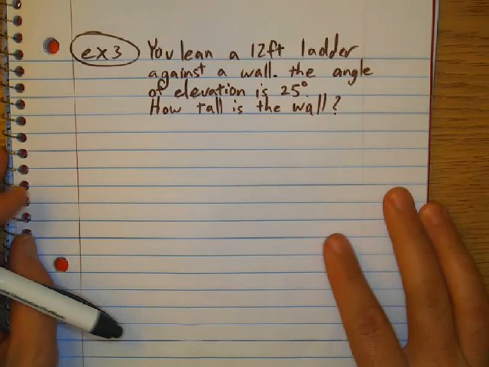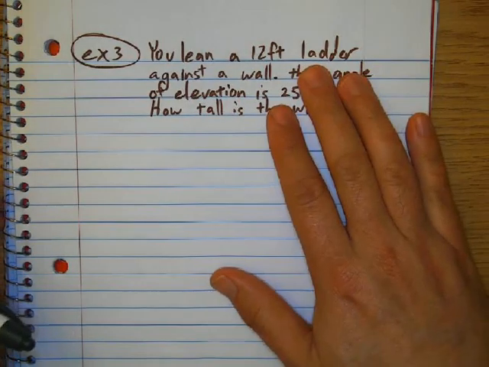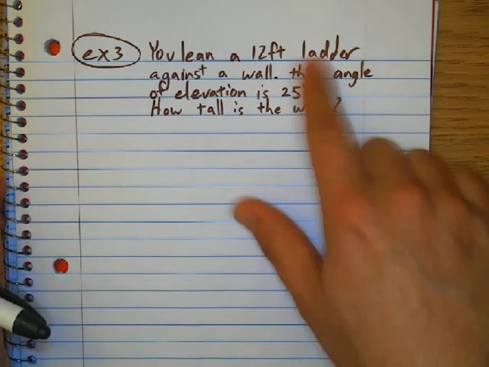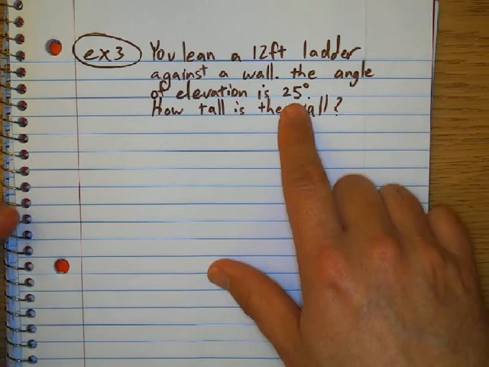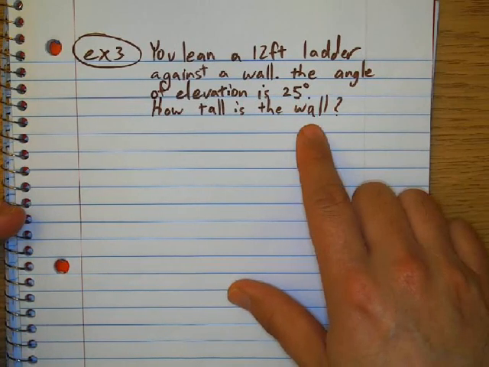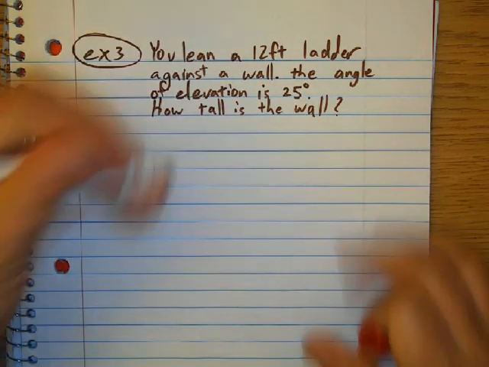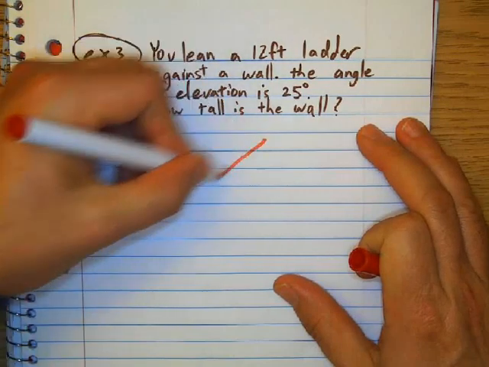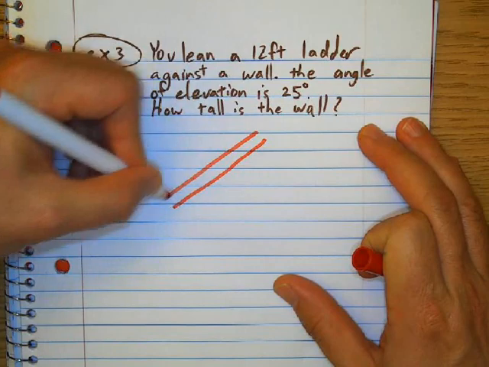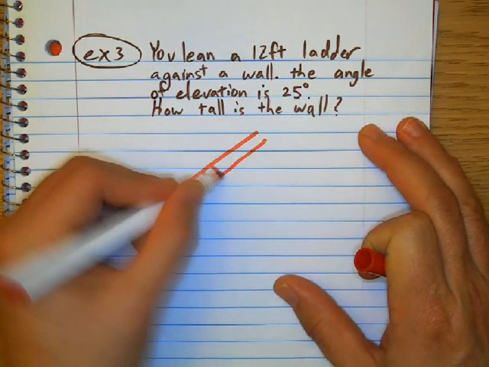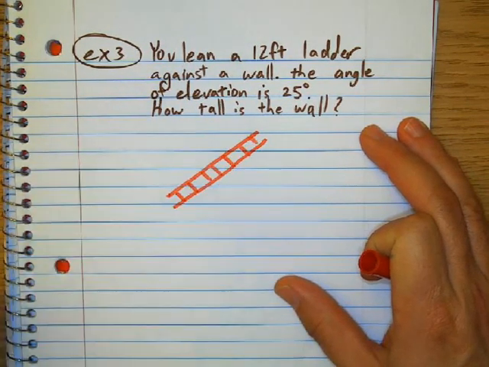Okay. You lean a ladder that's 12 feet long, and the angle of elevation is 25 degrees. How tall is the wall? Let's do this. We've got a ladder, and you know the length of the ladder because when you bought it at the store, it told you how long it was.